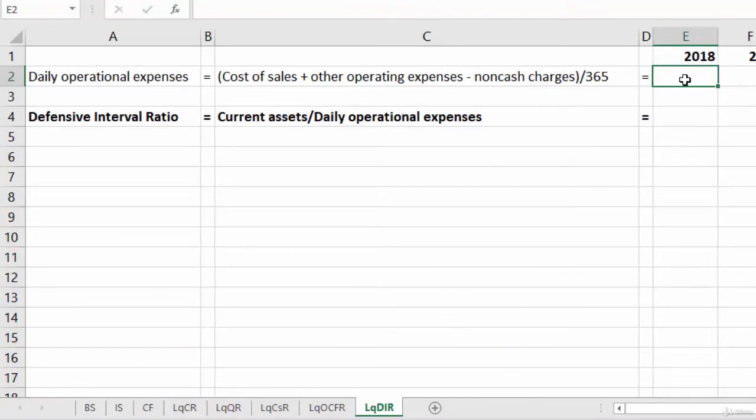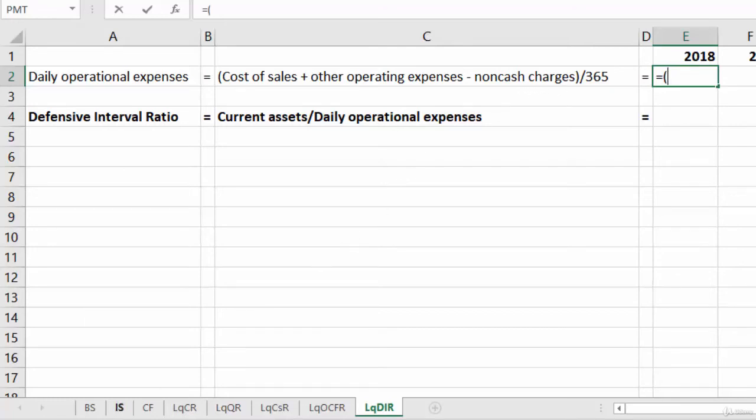Let us select the cell for 2018. Starting with the equal sign, let us go to the worksheet where we can find the cost of sales and other operating expenses, and then we will go to the worksheet where we will get the non-cash charges.